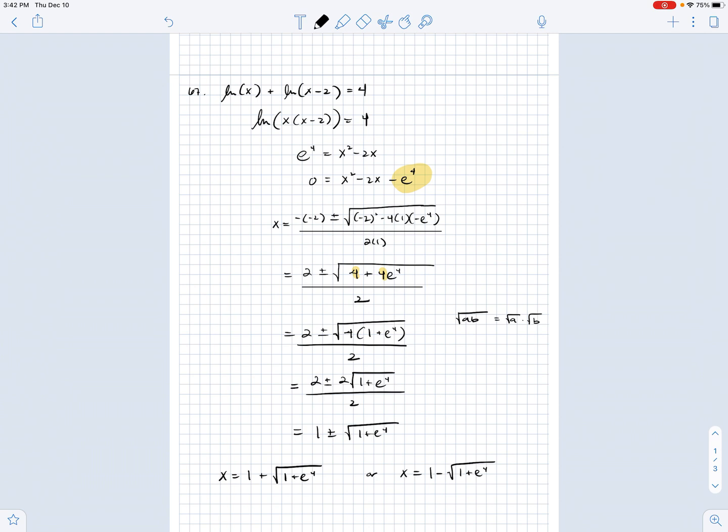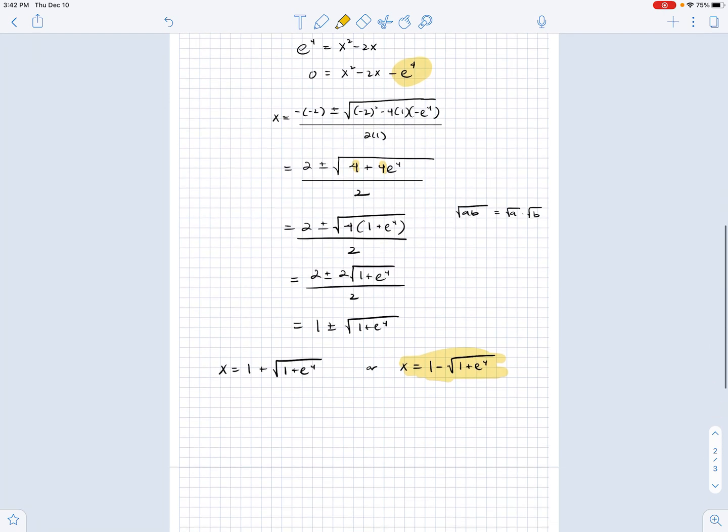To check for extraneous solutions, I need to think about plugging into the original equation. Now, this solution right here would be a negative value, right? Because 1 plus e to the 4th, the square root of that is going to be a larger value than 1.